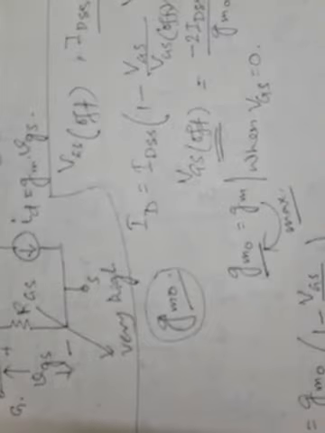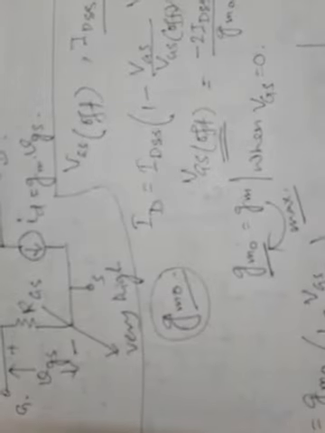So if we plot this change between Gm and VGS, we can draw a line like this, Gm versus VGS. This point is GMO, the maximum value of Gm, and this point is VGS cutoff, that is the cutoff value of VGS.